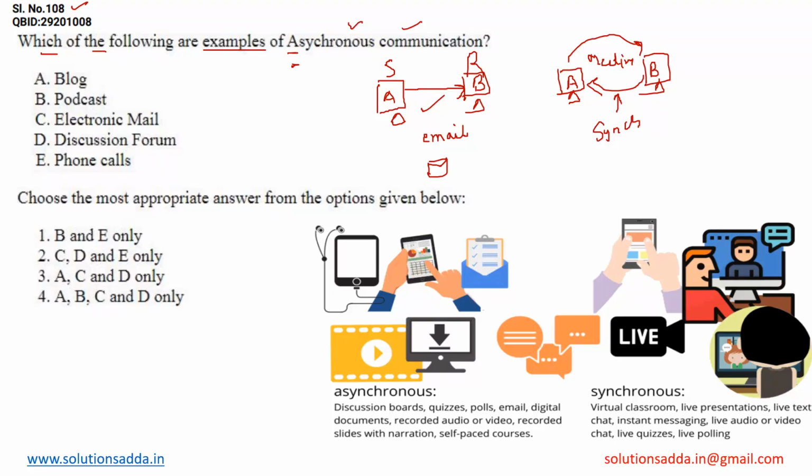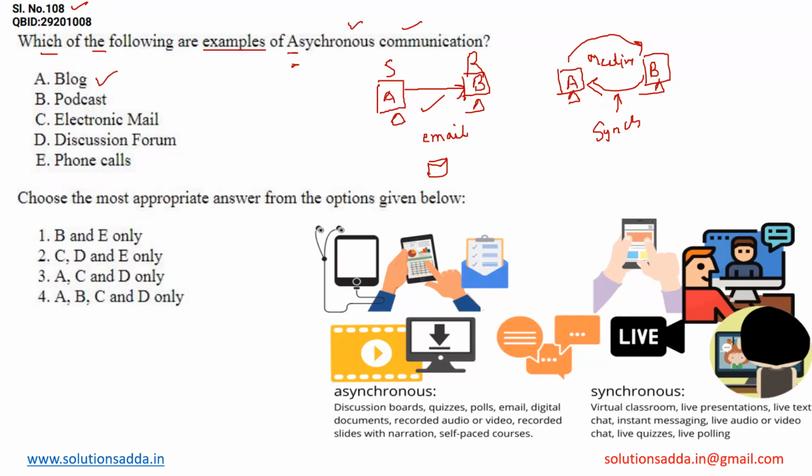So if any communication is happening, then both participants have to be active under synchronous communication. Basically, in asynchronous communication, both participants need not be active. A can send a message to B anytime, and B can receive that message whenever B comes online. So here are the examples.